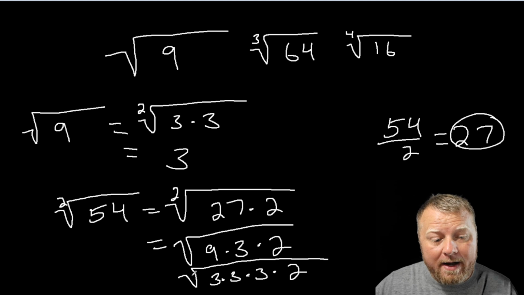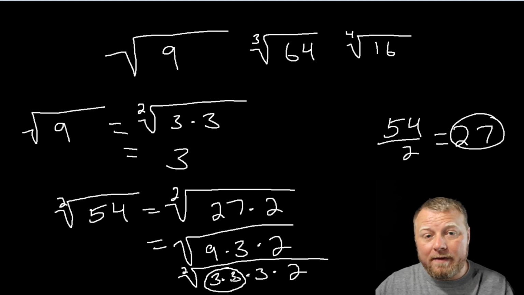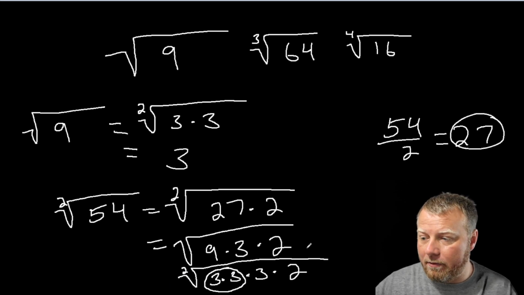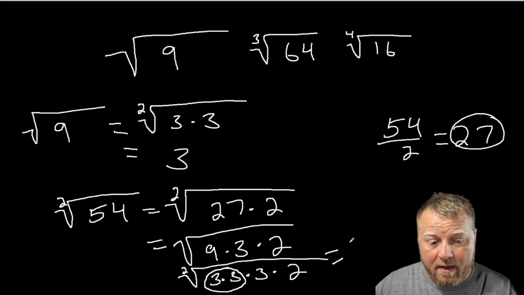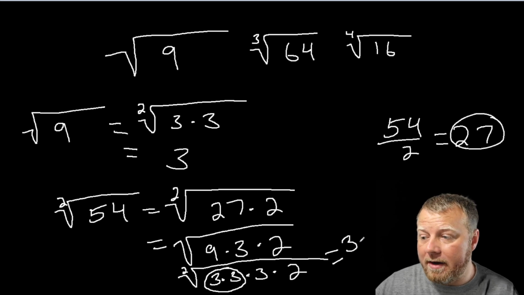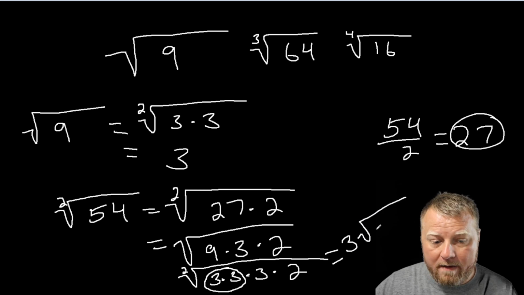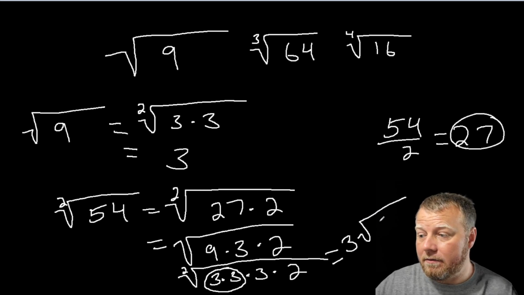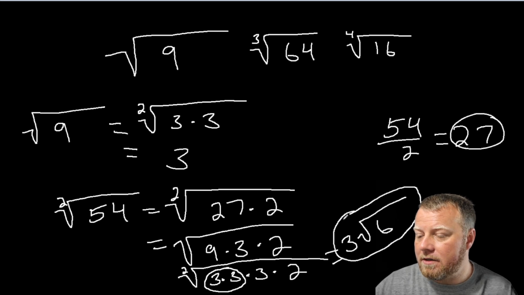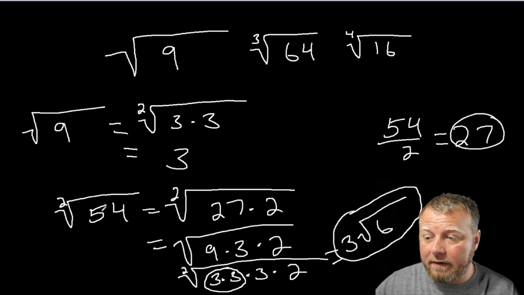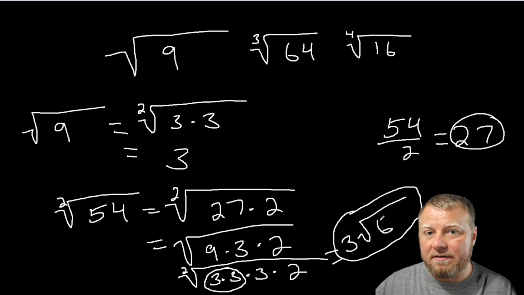But I now finally have that little group of 2 right here, 2 3's. If there's 2 of anything, I could pull one out and get rid of the one on the inside. So if I pull 1 3 out, it would be 3 square roots of whatever's left in the middle, which is 3 times 2, so 6. So the ultimate answer is 3 square roots of 6. So the square root of 54 is the same thing as 3 square roots of 6.